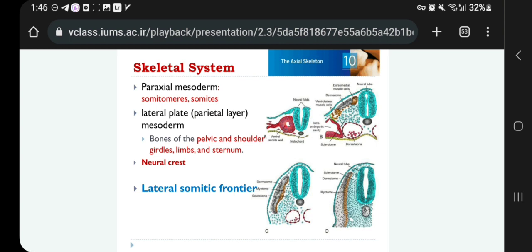Here is the ectoderm, and the mesoderm has three parts. One part is near the axis. The axis is the notochord. We call it the paraxial mesoderm. The paraxial mesoderm in the head region is the somitomeres, and in the occipital and cervical regions until the tail it is the somites.